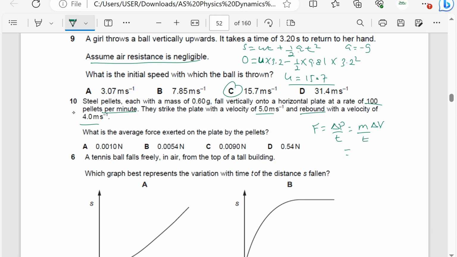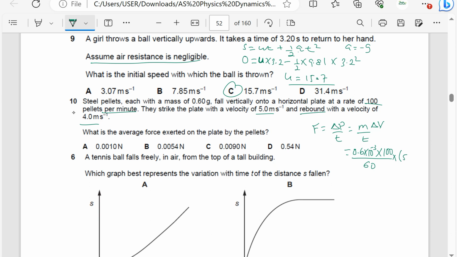Each pellet has a mass of 0.6 grams and there are 100. So the total mass is 0.6 times 10 power minus 3 to change it to kilograms, times 100 because they are 100 in 1 minute. So the time is 1 minute, which I will change to seconds, 60. Then the velocity. They strike with 5 and rebound with 4, so it is 5 minus negative 4 because of the rebound.